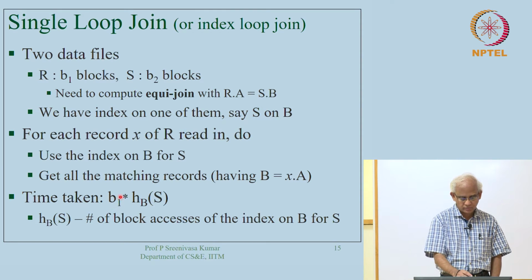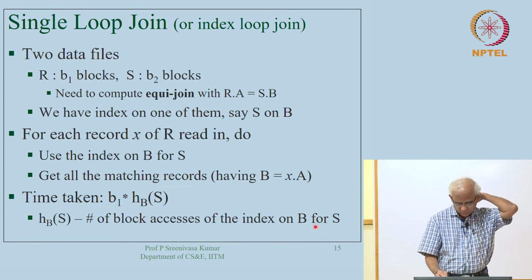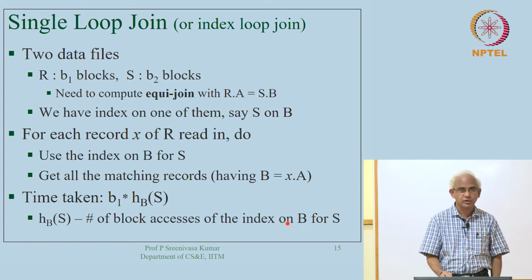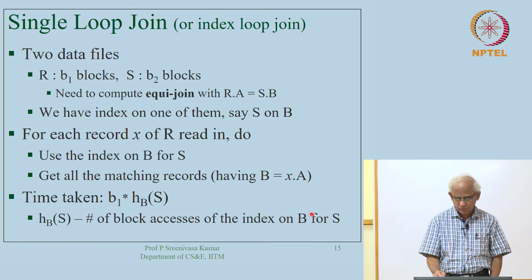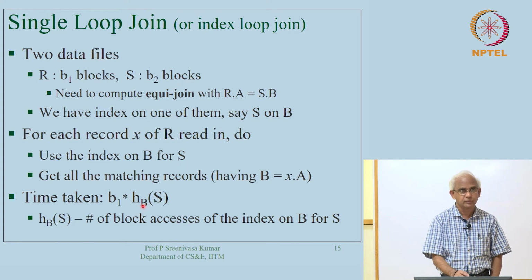Then for each record that we read, we have to do a number of block accesses for those matching records. We have to find matching records. So, the block accesses using the index, we will be making at least this many.